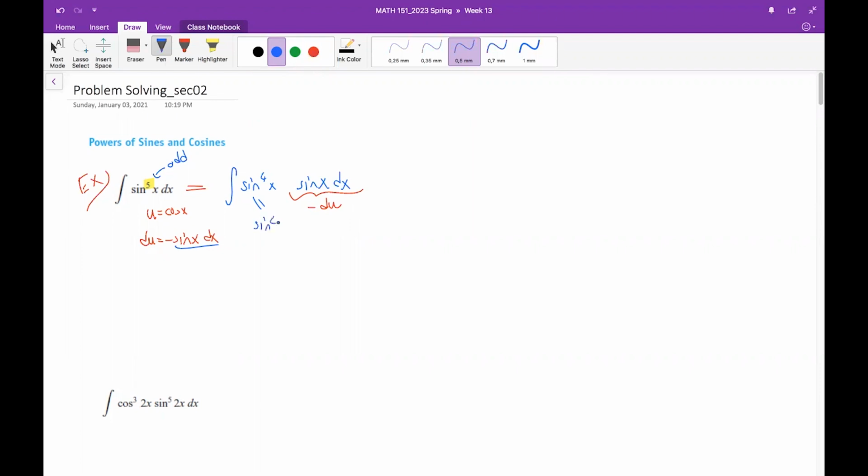Yeah, that's possible. You can write it like that, and sine squared here can be written in terms of 1 minus cosine squared. So we did that. We transformed the sine to the power 4 x function to a cosine function. In fact, u is cosine x, so it is 1 minus u squared, squared.